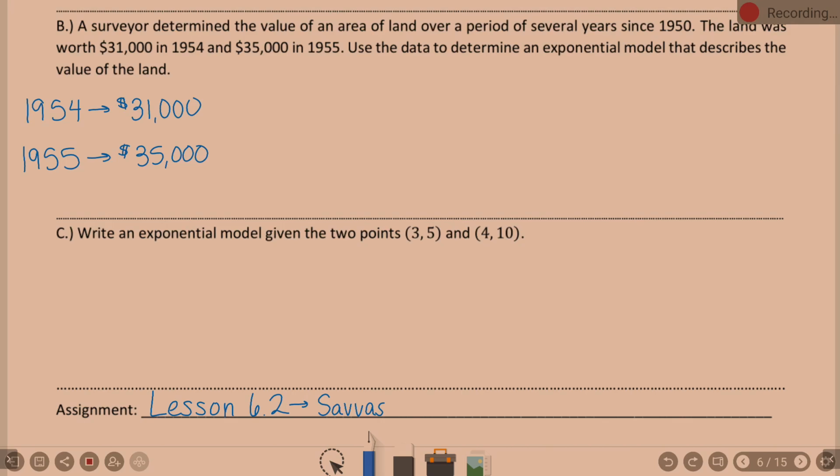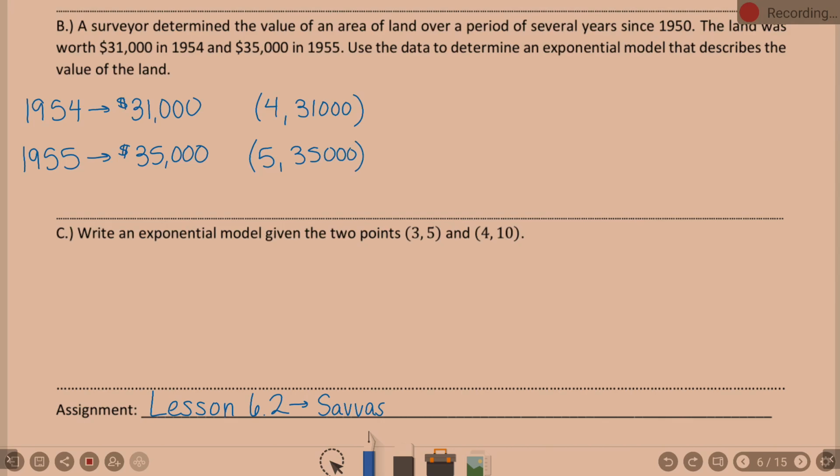Thoughts on what these ordered pairs are going to be? 4, 31,000 and 5, 35,000. I like them. 4, 31,000 and 5, 35,000.